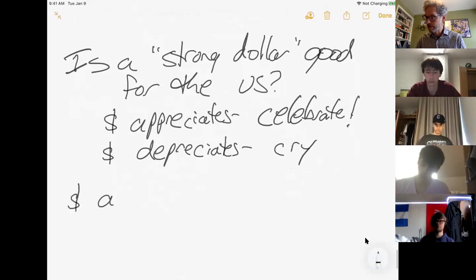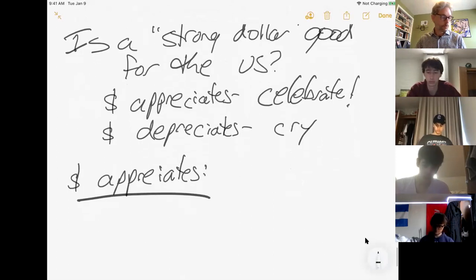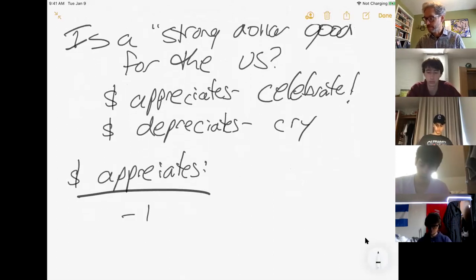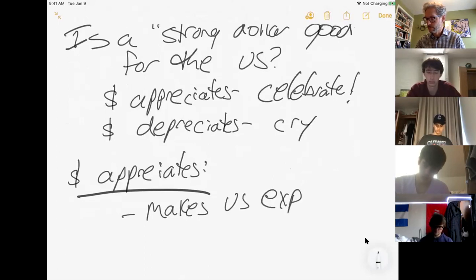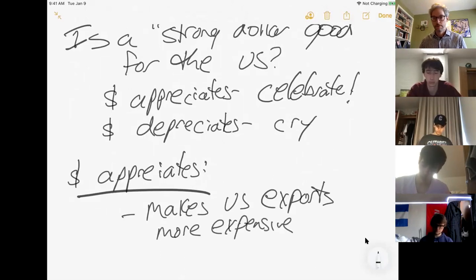What happens when the dollar appreciates? Well, what does that do? It makes US exports more expensive. When the dollar appreciates, now you're getting fewer dollars for foreign currency.